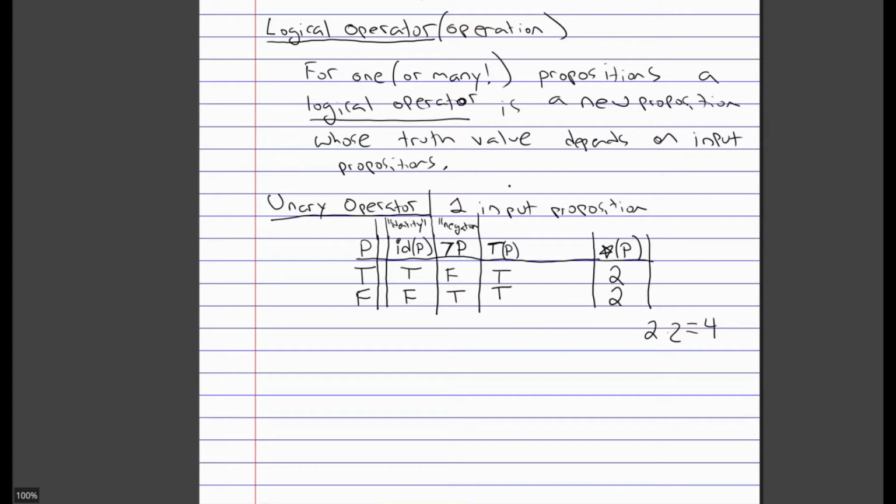So this is exactly how we define the tautology operator. And lastly, we have what's called the contradiction operator, and no surprises here. The contradiction operator, acting on a proposition P, gives us that no matter what the input of P is, we have a false value.